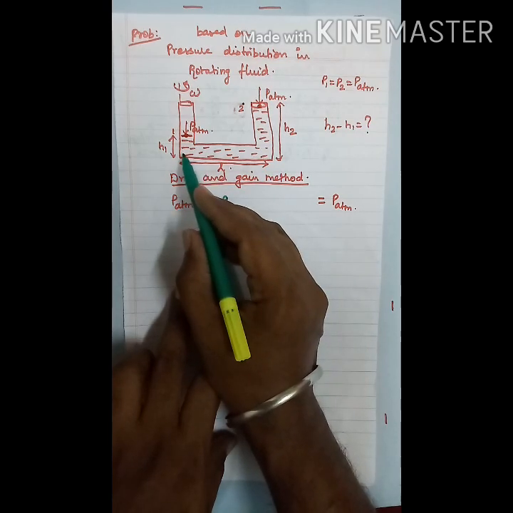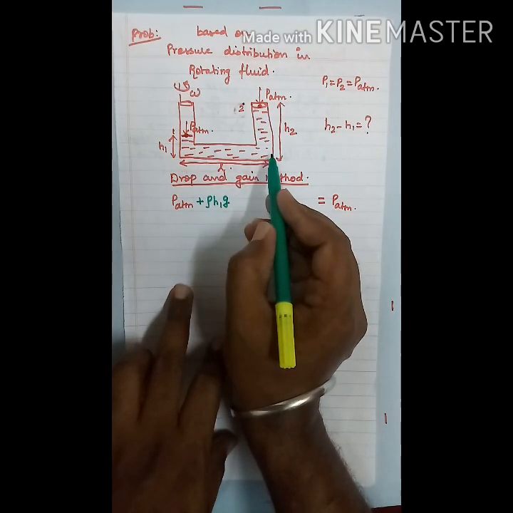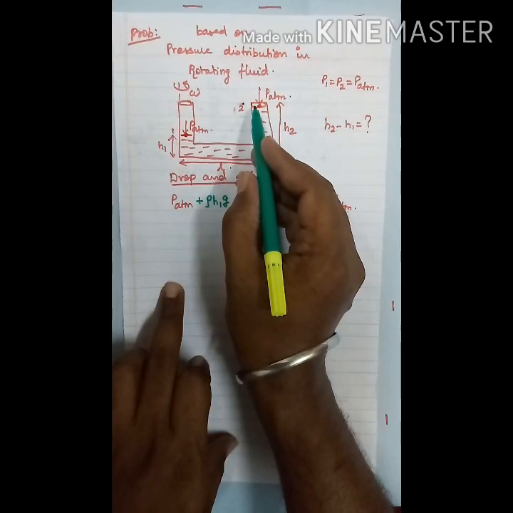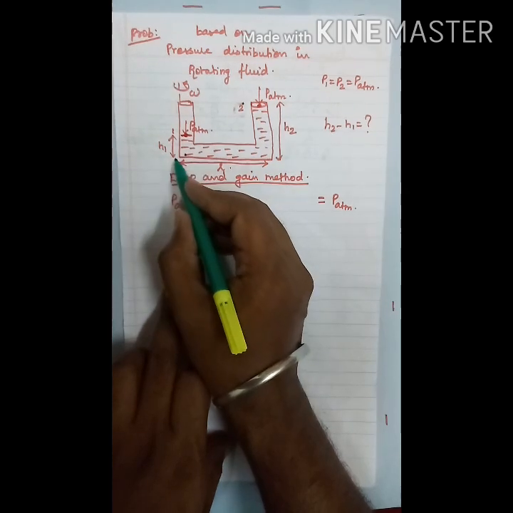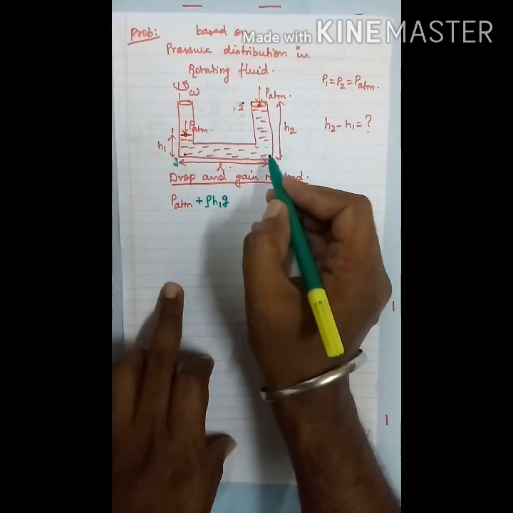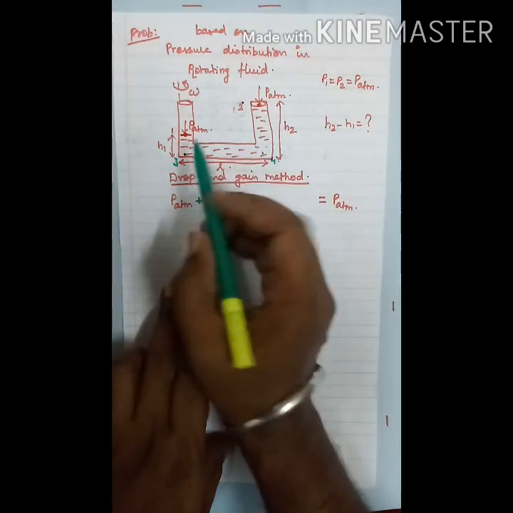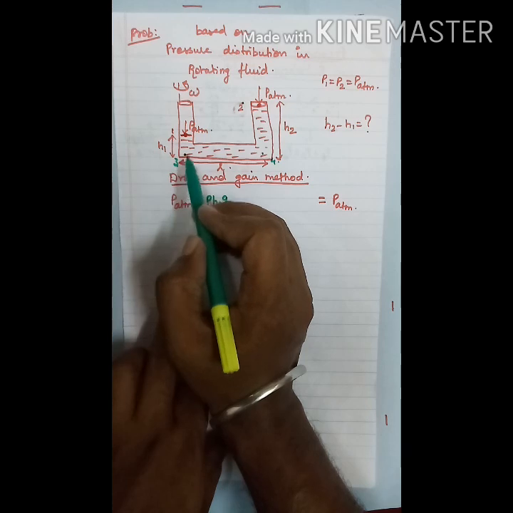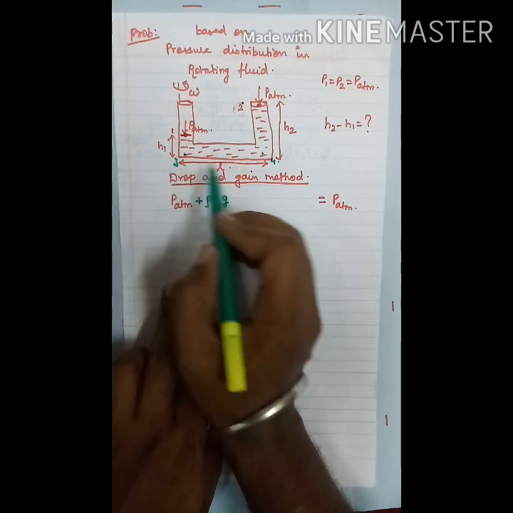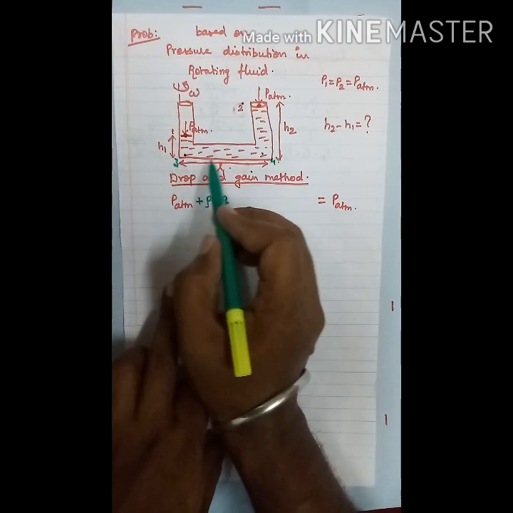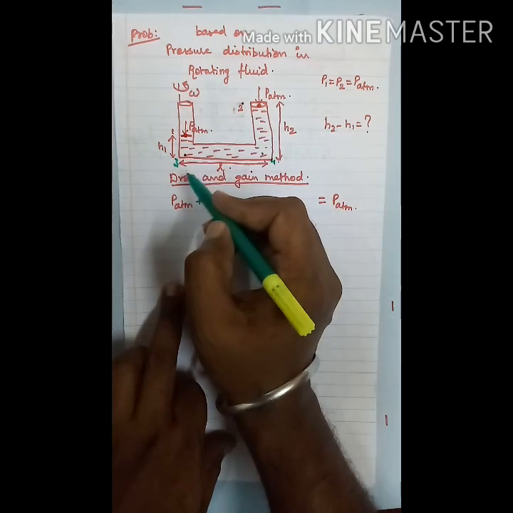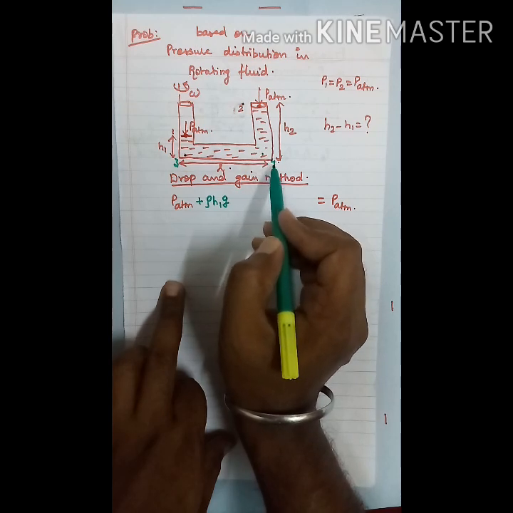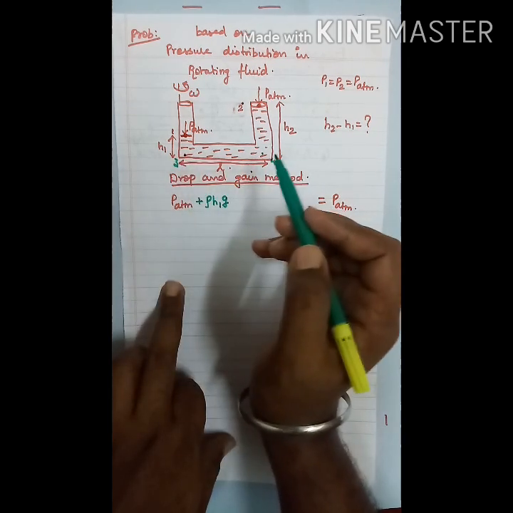And when you go from this point to this point, first consider this as point 1, we have already taken this as point 2, so let me consider this point as 3, and this point as 4. So from 1 to 3, if you go, the pressure will increase. Likewise from 3 to 4, though it is a horizontal level, from the axis of rotation the pressure will increase. That means pressure at point 4 will be greater than pressure at point 3.